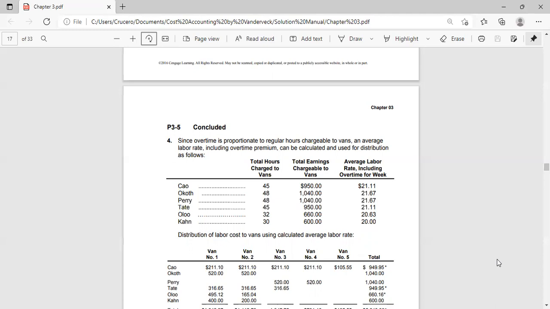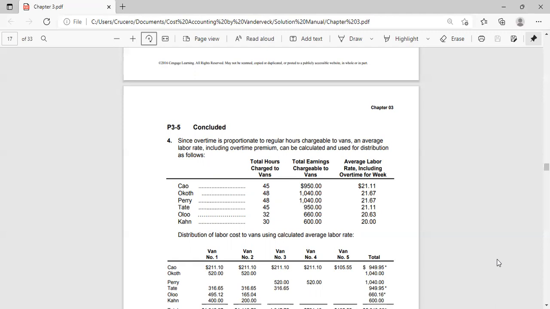Here we have 211.10 to van number 1. Okay, 211.10 to Cow, it's 520.